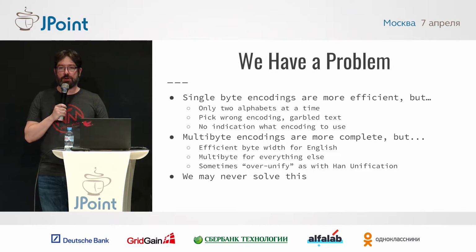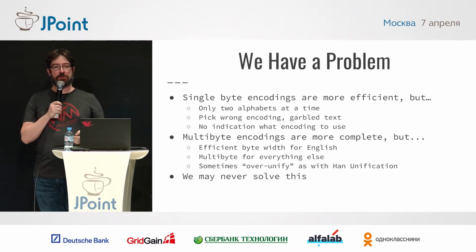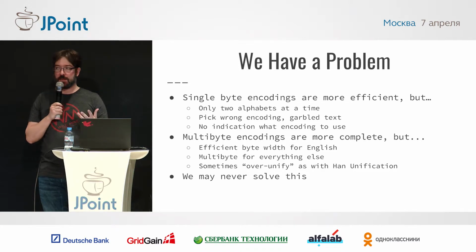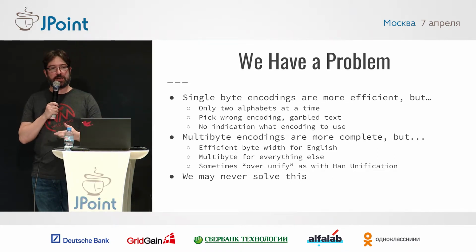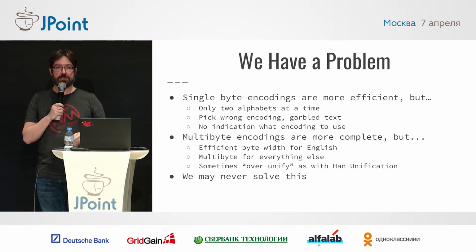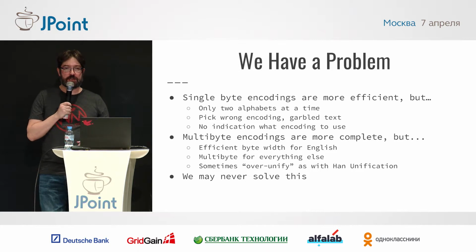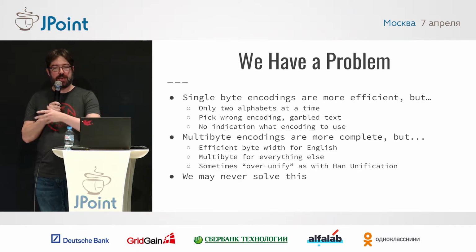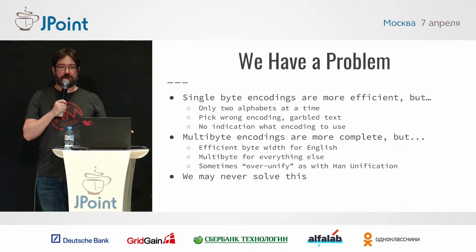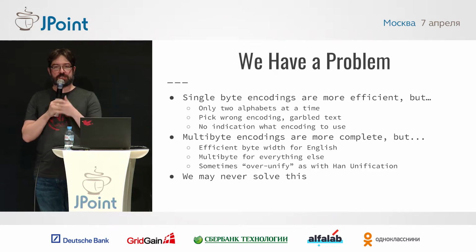There's also a problem called Han unification. The Han unification problem stemmed from the Chinese, Japanese, and Korean kanji, Hanzi characters, being unified into a single set. That sounds great for us that are not Asian language speakers, but it turns out they had different meanings for these characters and didn't like that their character in Chinese might be represented as the same character with a completely different meaning in Japanese.